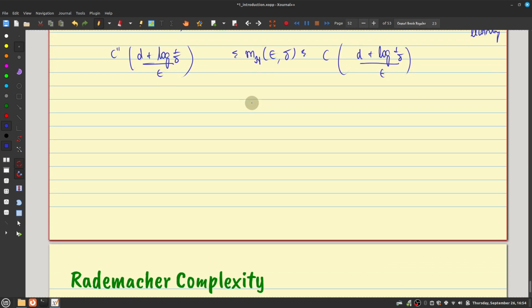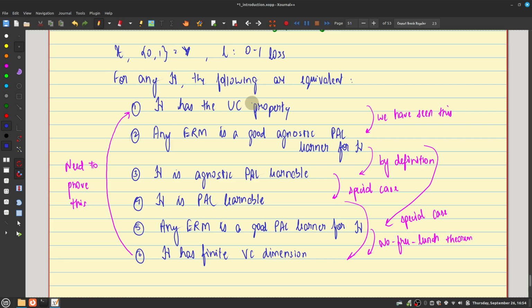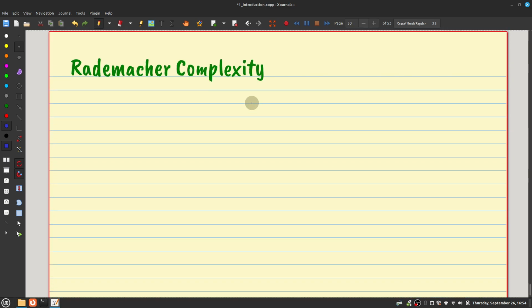Okay, so in trying to prove that 6 implies 1, we'll rather go through a long route. I'll introduce another notion of complexity of a hypothesis class. The VC dimension was in some sense one measure of complexity of a hypothesis class, but now we'll see another measure of complexity, and we'll see that these two are related.